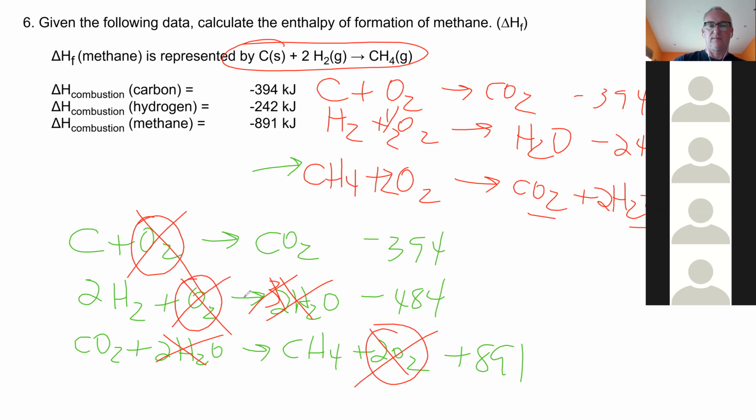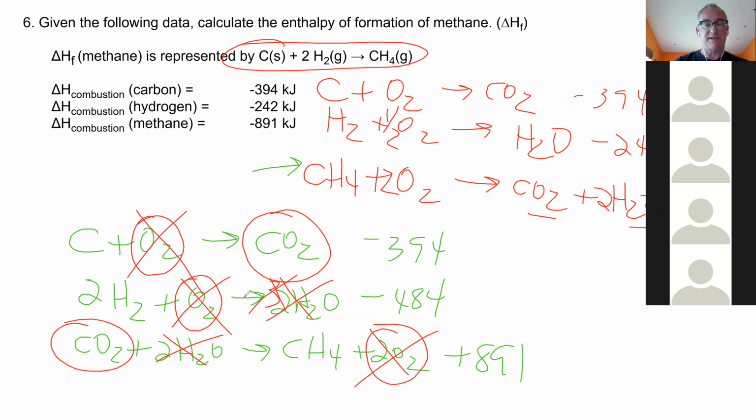CO2. Yeah, I've got carbon dioxide on both sides. How much? One. Yeah, I've got 1 mole as a reactant in number 3, and I've got 1 mole of CO2 as a product in reaction 1.